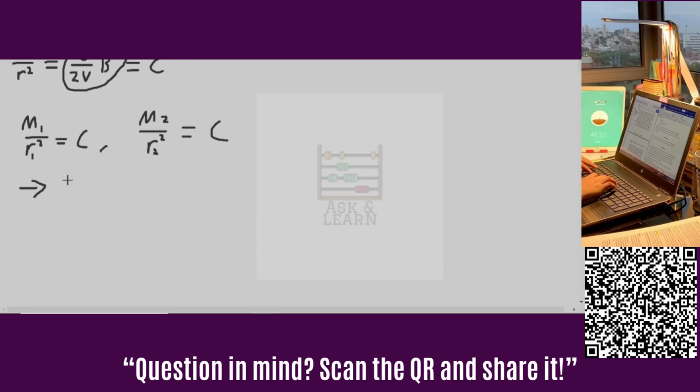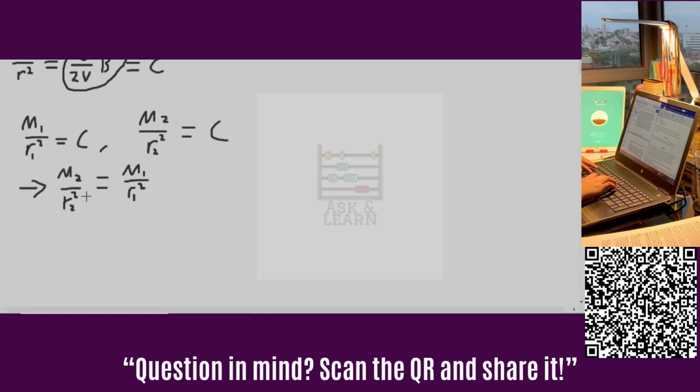So now we want to find R2. So we can write, it doesn't matter what order we write these in, m2 divided by r2 squared is equal to m1 divided by r1 squared. So everything is known in this equation except for what we want, which is r2.